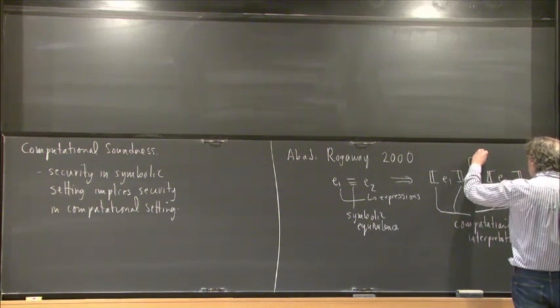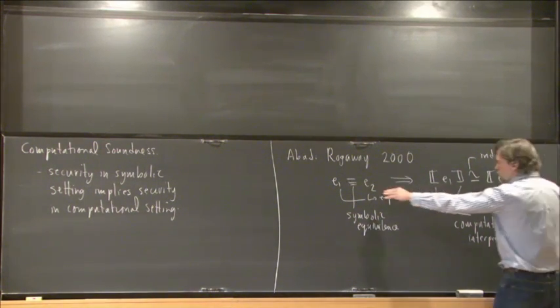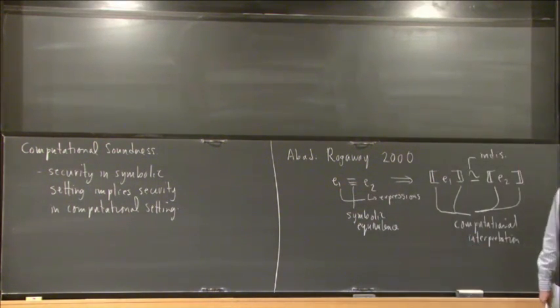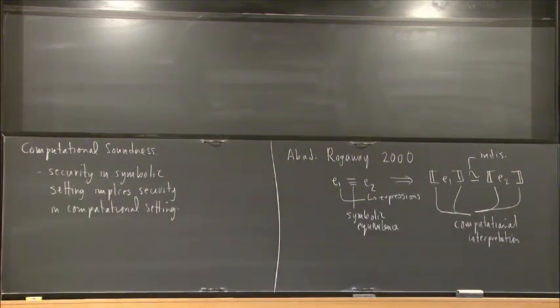And this means indistinguishability. All right, so what do we mean by the computational interpretation? These expressions are just formal symbolic expressions, and they involve these encryption expressions, but we have a way of mapping them to bit strings, where expressions of this sort are mapped using a secure encryption function.